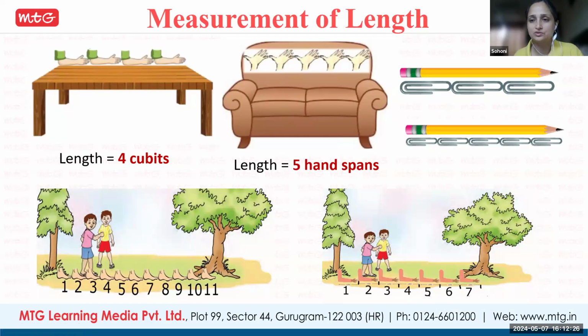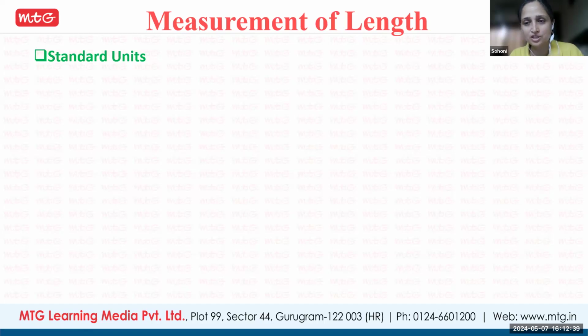We use standard units. Because if we use non-standard units, we can't find the length of any object properly, because it differs for every different object. So we need standard units.